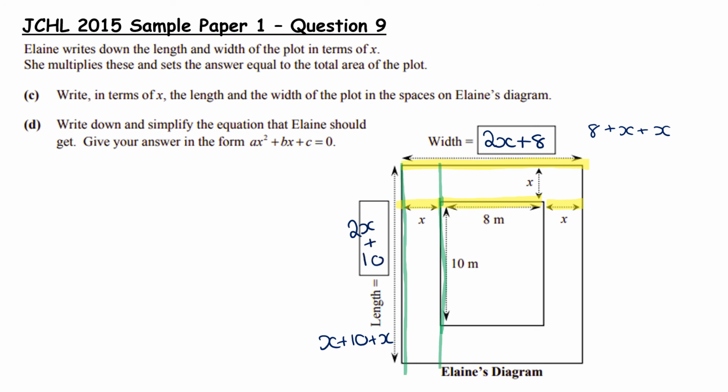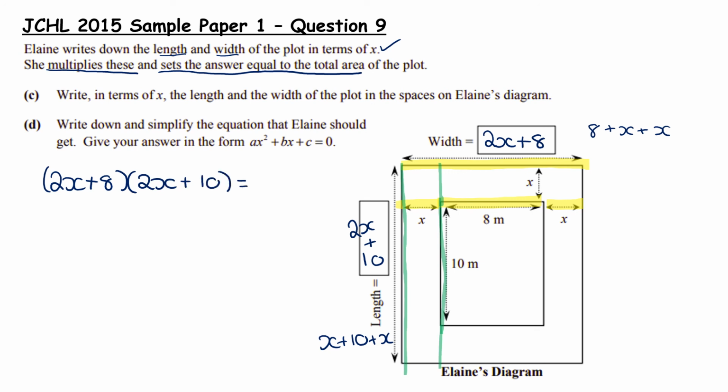Then it asks us in part D to write down and simplify the equation that Elaine should get. Elaine writes down the length and width of the plot in terms of x. We've done that. She multiplies these and sets the answer equal to the total area. So she gets 2x plus 8 times 2x plus 10, which equals 143.